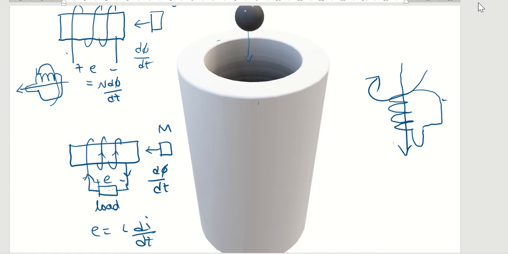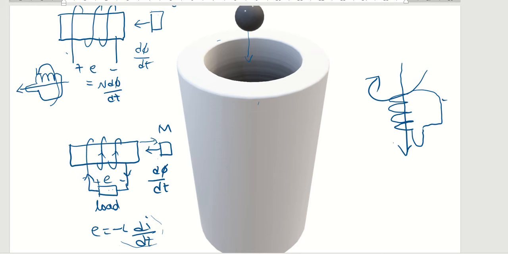According to Lenz's law, there exists an induced EMF of L di by dt, which is opposing this movement. So this magnet will experience some backward force from this current.